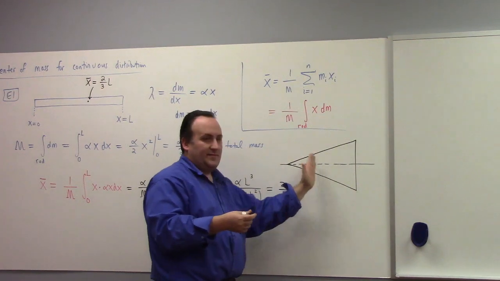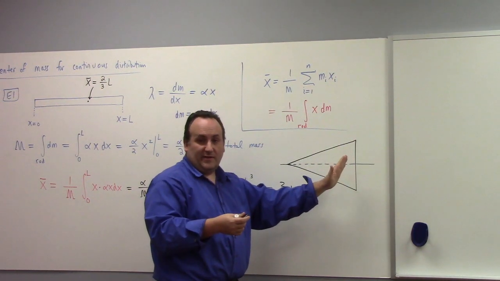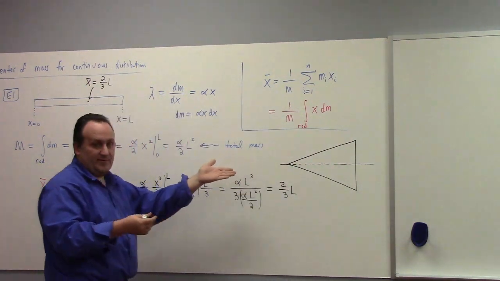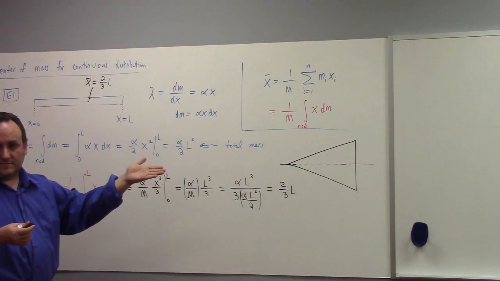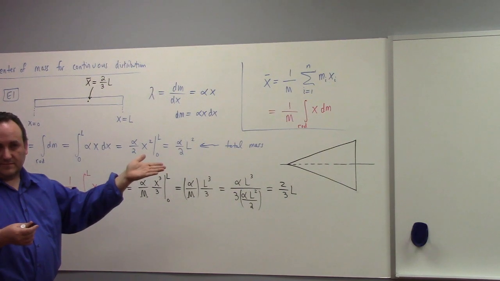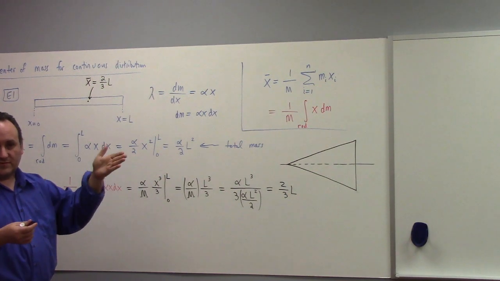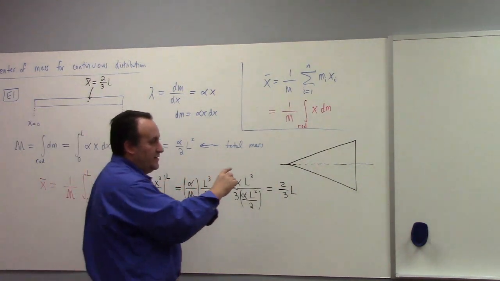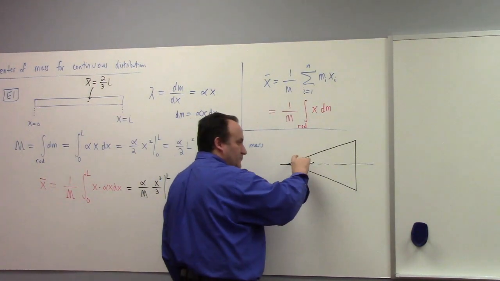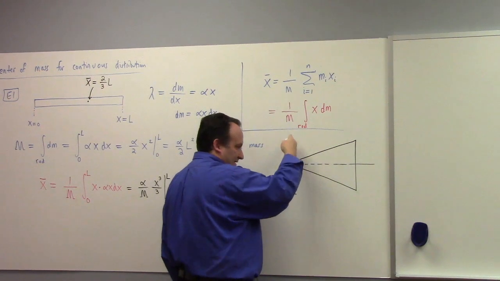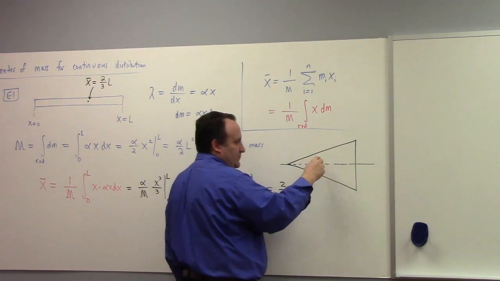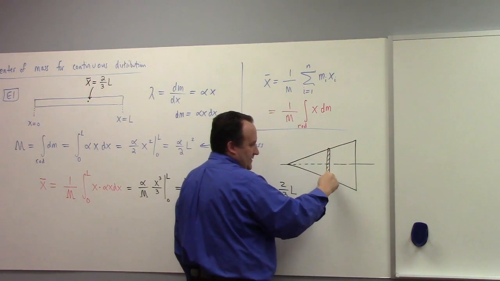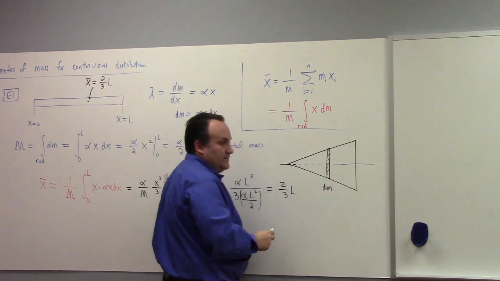If you had this shape, we could essentially figure out that the center of mass of that shape is where? Two-thirds the way over. That's where it is. Because I think you can argue that you could basically chop this up into slices like this, and find the dm for each one of these.